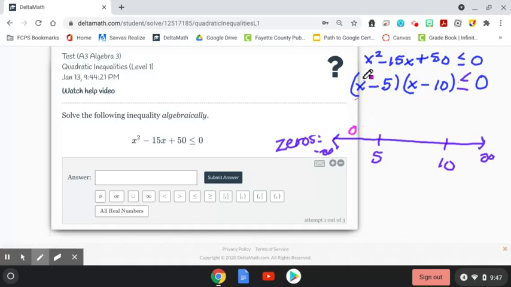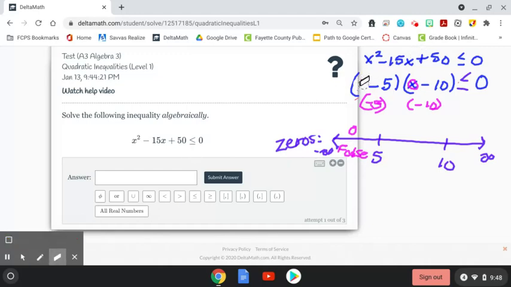If you substitute 0 for x, do I get a true statement? 0 minus 5 is negative 5, 0 minus 10 is negative 10, and is negative 5 times negative 10 less than 0? No, it's not. So 0, or any other number in this interval, makes the statement false. So the interval from negative infinity to 5 is not the solution.